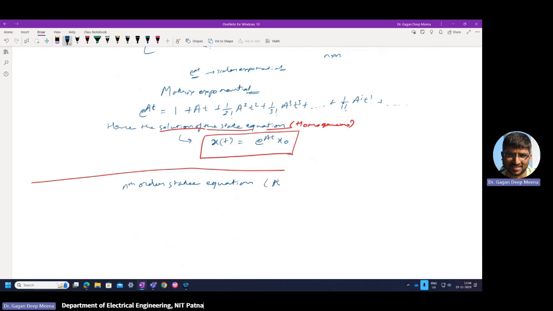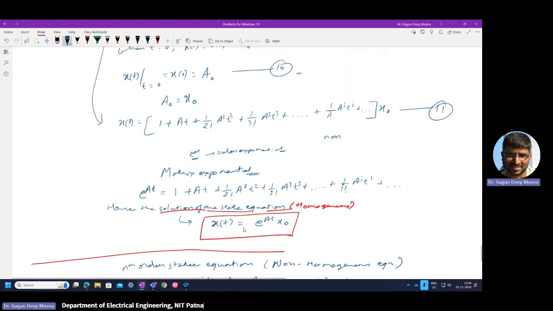It will be a non-homogeneous equation, and it can be written as x dot equals A x of t plus B u of t, with the initial condition x of 0 equals x0.